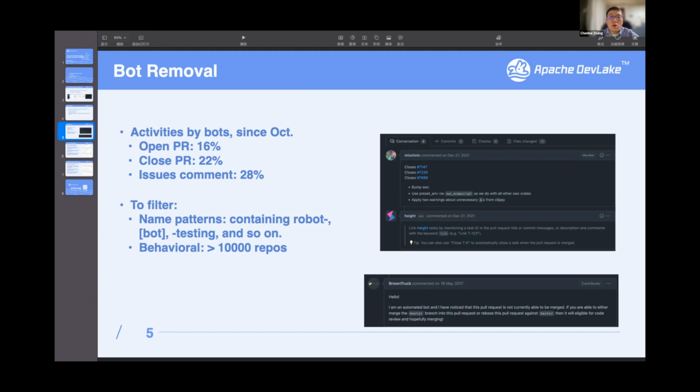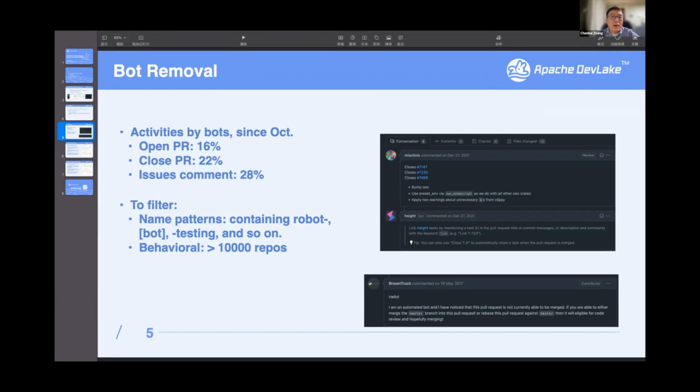They only distort our metrics, so bots need to be removed in our calculations. Did you know that among those five organizations, since October alone, about 20 to 30% of all pull requests and issue comments are raised or closed by robots?